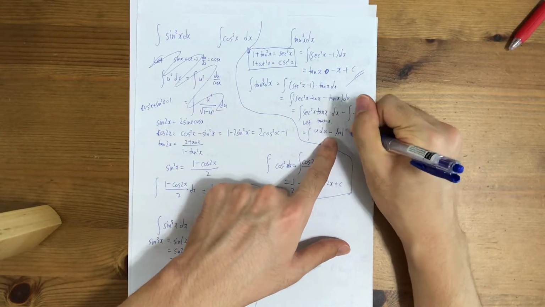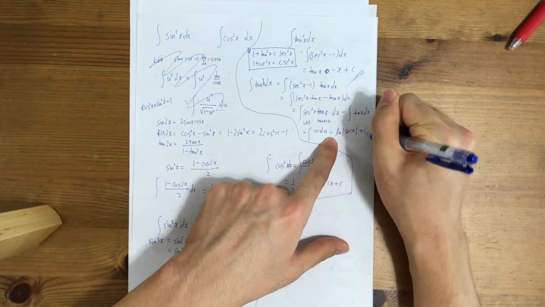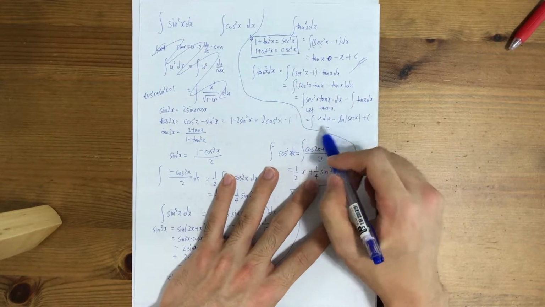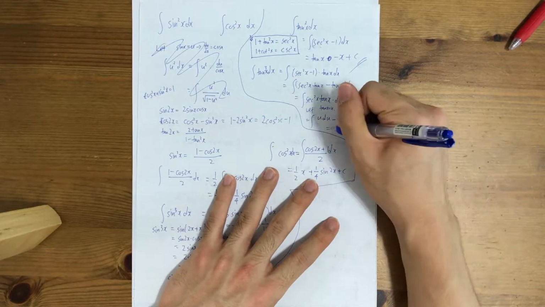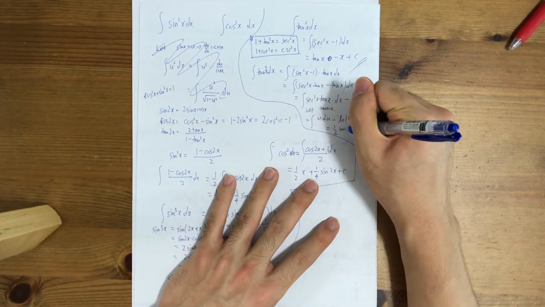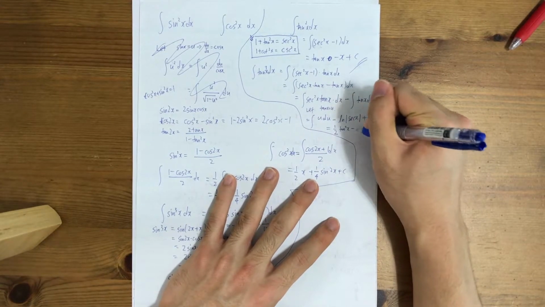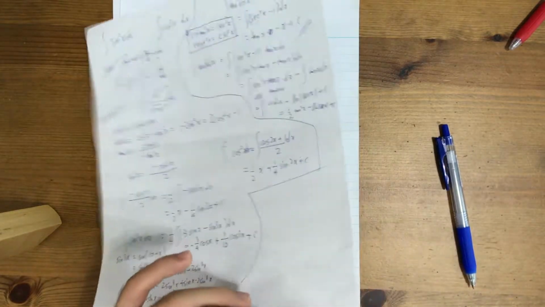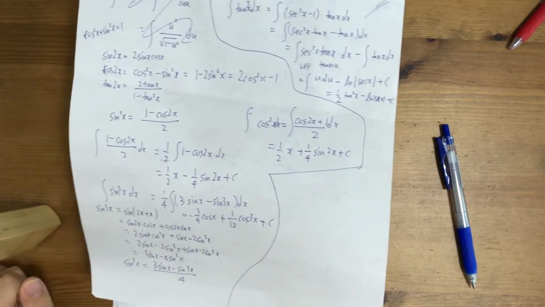It's this, right? So this u here is half u squared, which is half tan squared plus or minus ln secant x plus c. Right, so that's how we can find it.